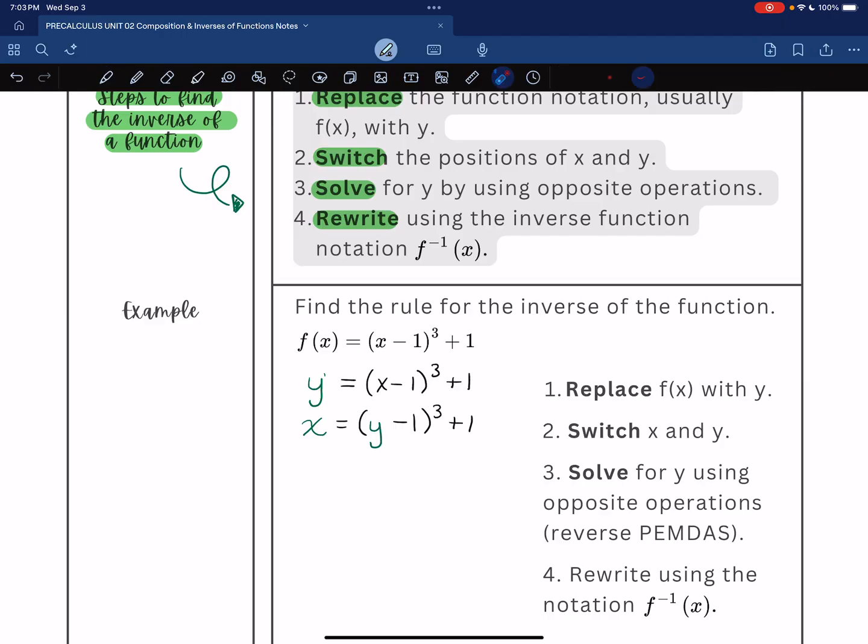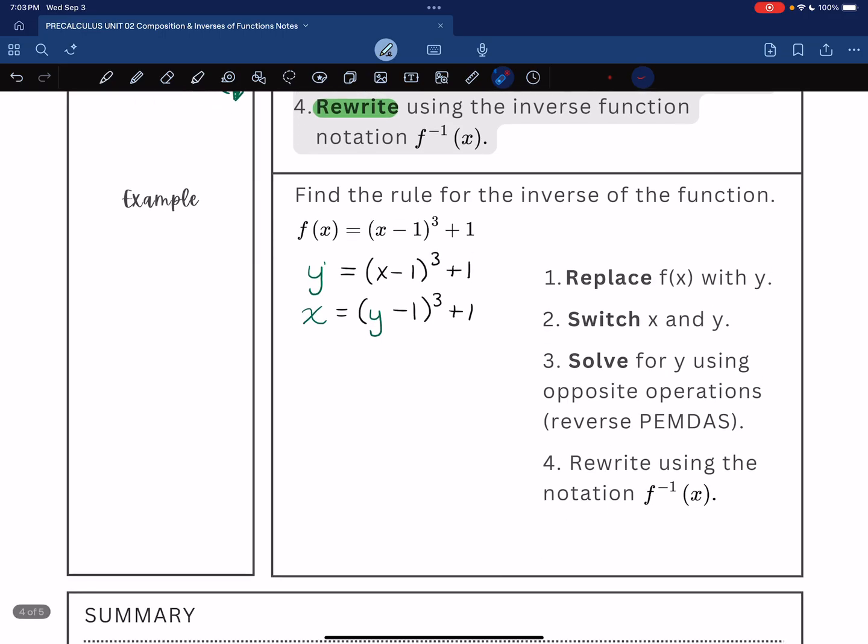If there would have been a number right here in front of the x, anything right here, it wouldn't move over to the other side. No, it stays, just like this parenthesis stayed, just like the -1 stayed. All the rest of the equation stayed the same. It's just the variables that switched.